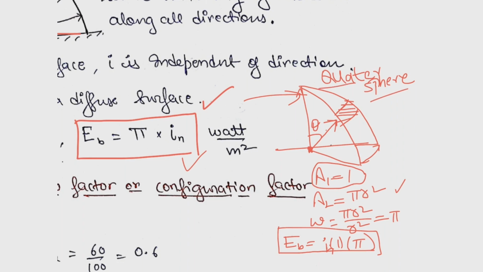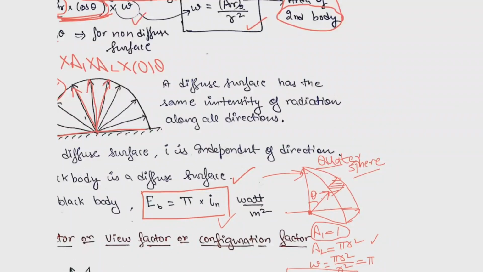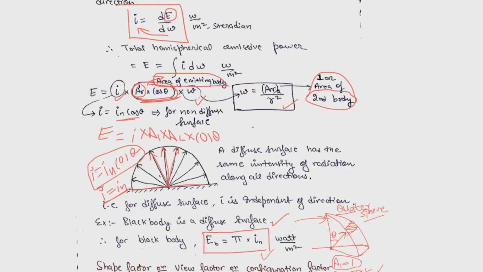Okay, let me do a small correction here. Here a cos theta will not come, since we are considering A1 as the area that is perpendicular to the direction of emission. Here a cos theta will not come, and in the denominator R square will come.